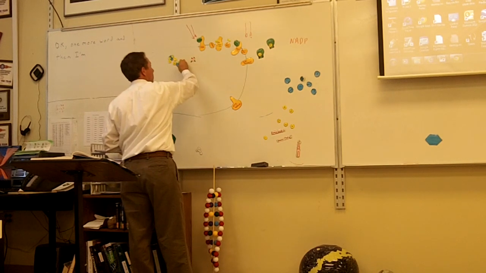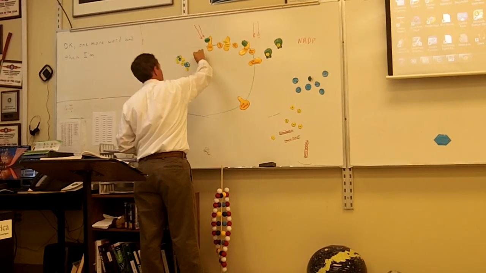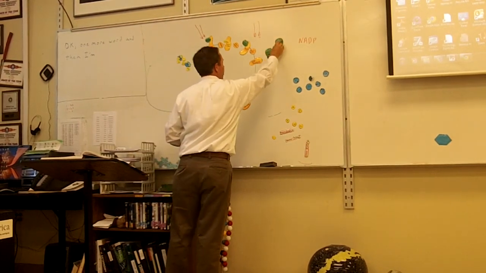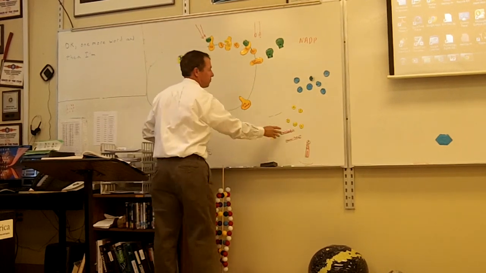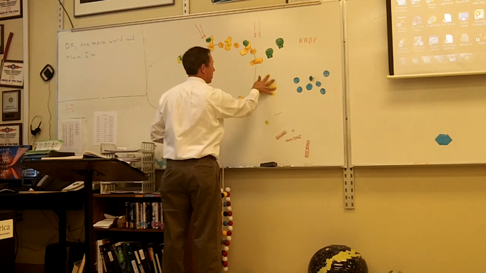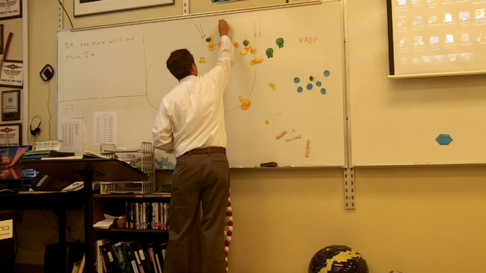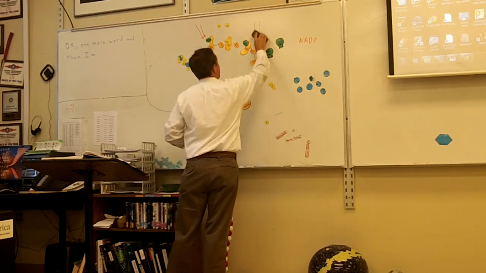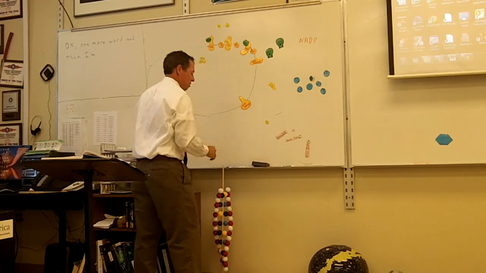A quick review of the light reactions of photosynthesis. And for some reason, this is some of the hardest stuff. So you should be focused during this class period here.